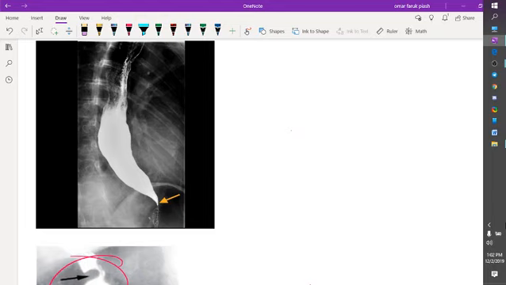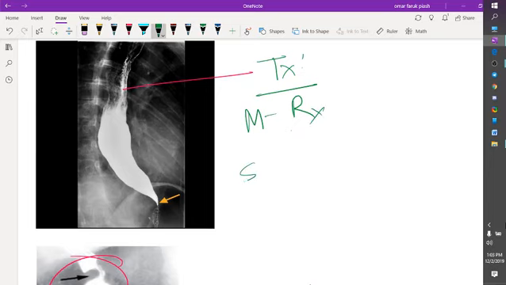And now I would like to discuss the treatment of achalasia cardia. In achalasia cardia there is medical treatment and there is surgical treatment. In medical treatment there is calcium channel blocker, and you can give botulinum toxin.